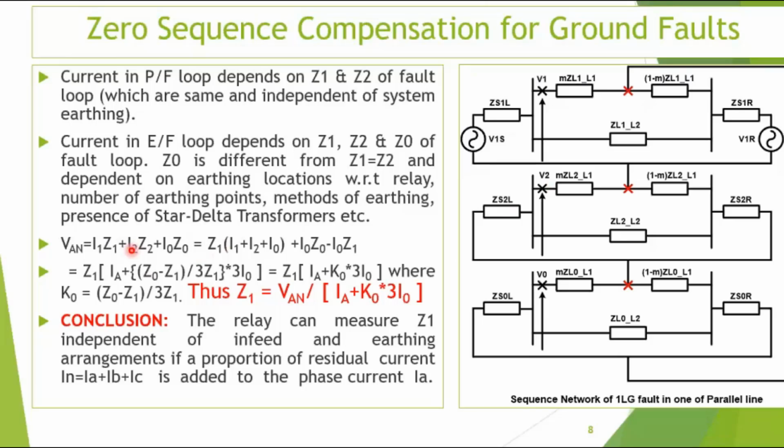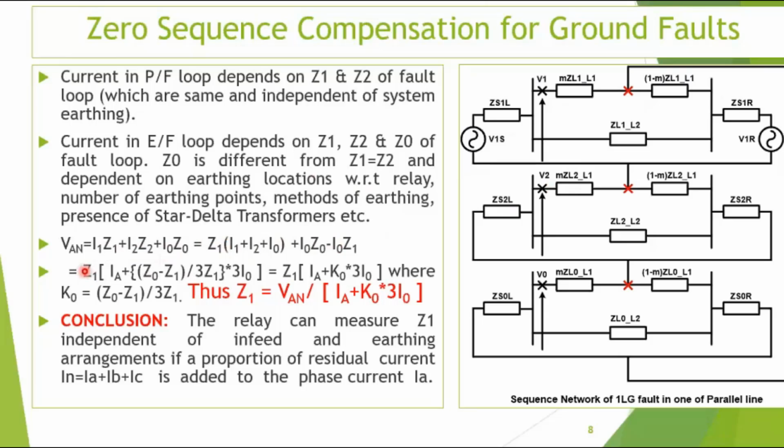Z1 equals Z2 I can write, because in a transmission line these two impedances are the same, we know. So this Z2 I replace by Z1. I have skipped a little step over here, and it can be written like this. So Z1 I take common, I take I1 plus I2 plus I0 I add, and this I0 Z0 will remain, and this additional term I0 Z1 I subtract again.